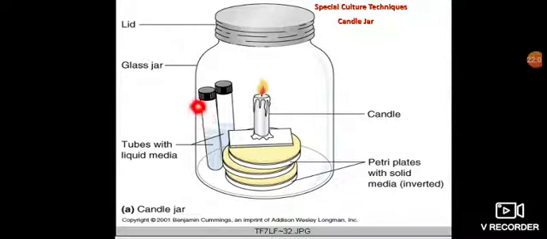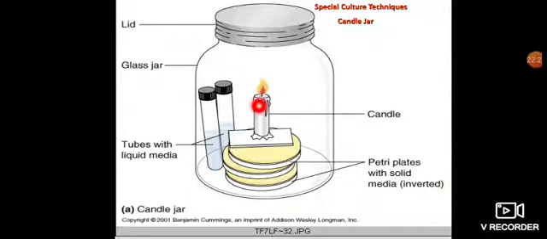So both the test tube and the petri dish contain medium. But we pack it with the lid, and it is a glass jar, so there is no exchange of oxygen from the environment.